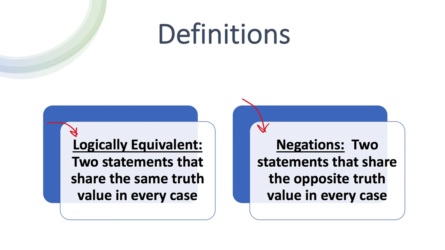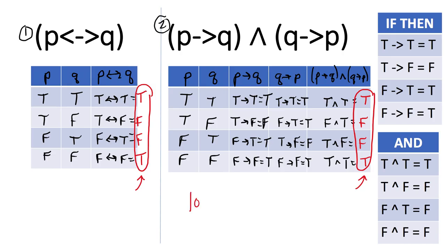They're exactly the same in every case. So I can write that these two are logically equivalent. So again, if your answers are exactly opposite, they are negations. If your answers are logically equivalent, that means that they are exactly the same in every case.